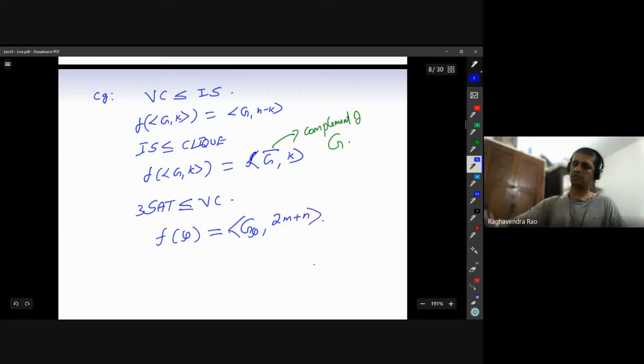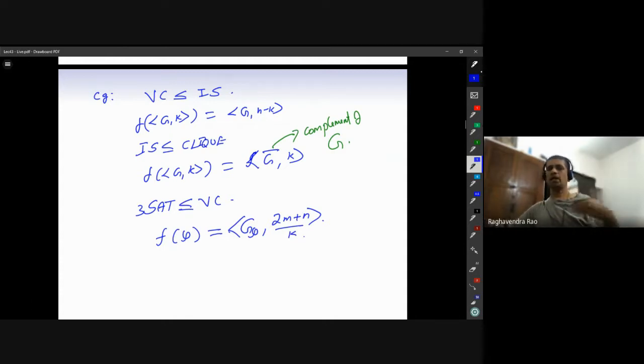This is the value k. So we have just formalized the comparison that we have obtained between these classes.